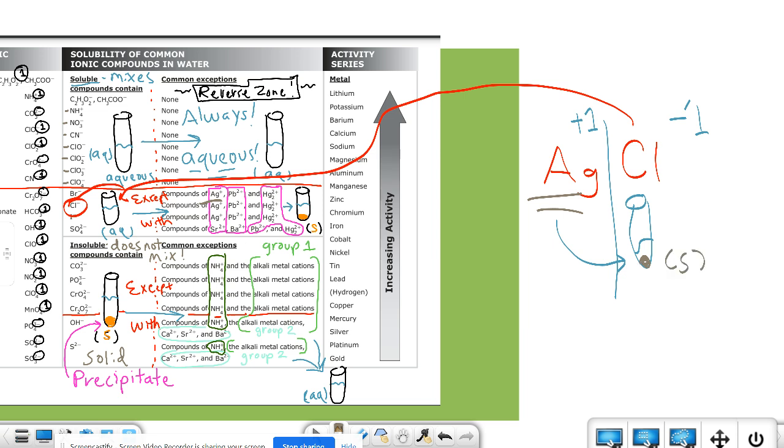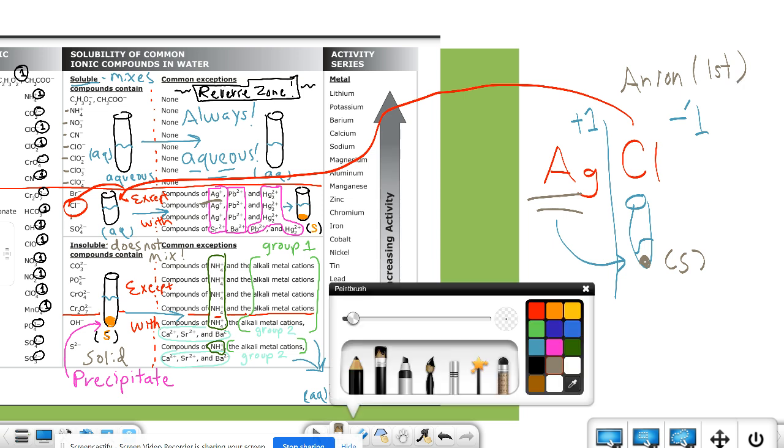So you have to look at what's happening. Look at the anion, which is the negative one, first. What does it like to do?